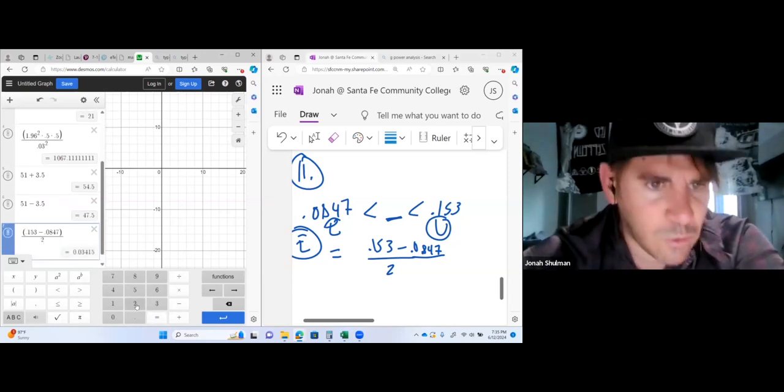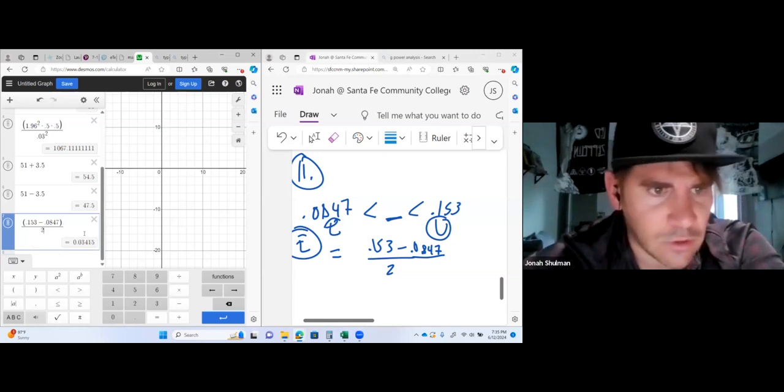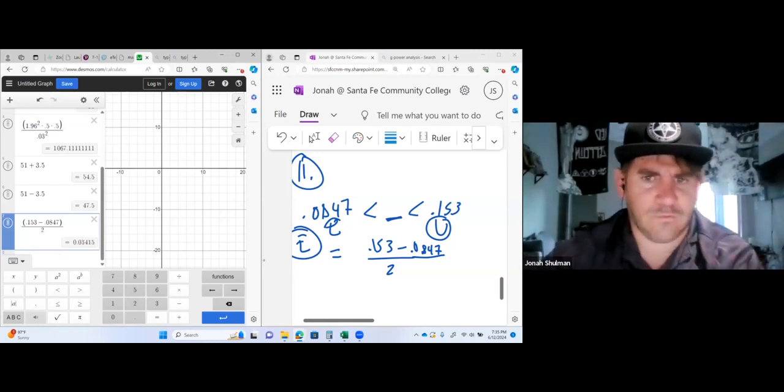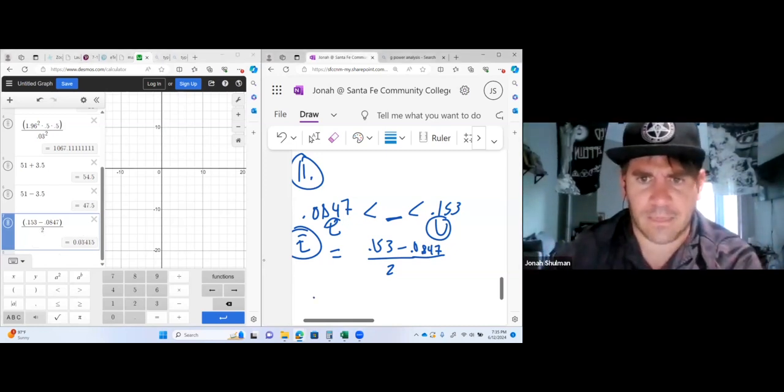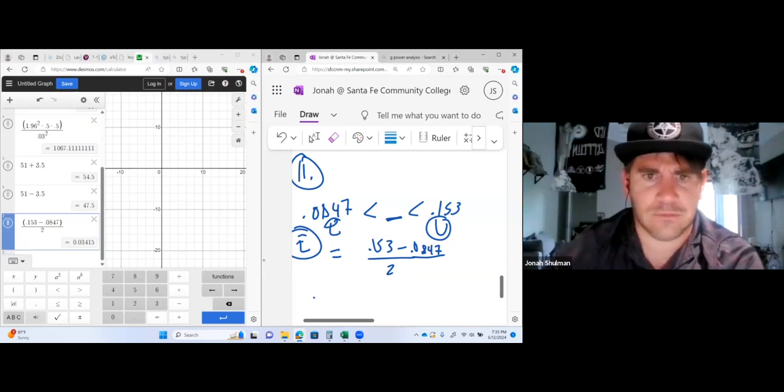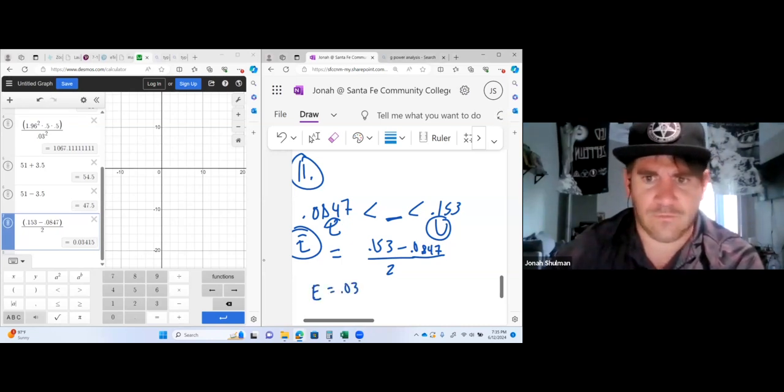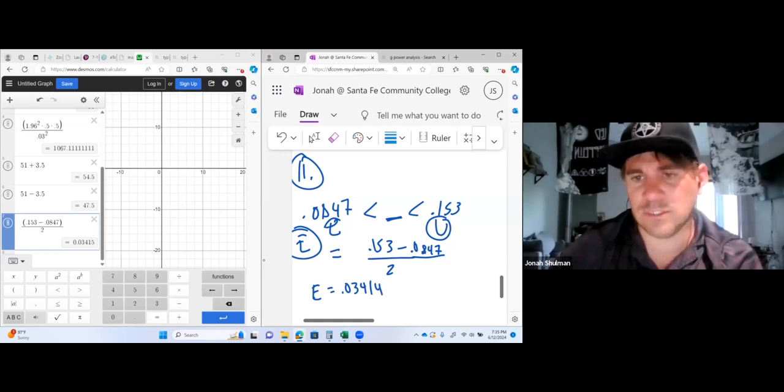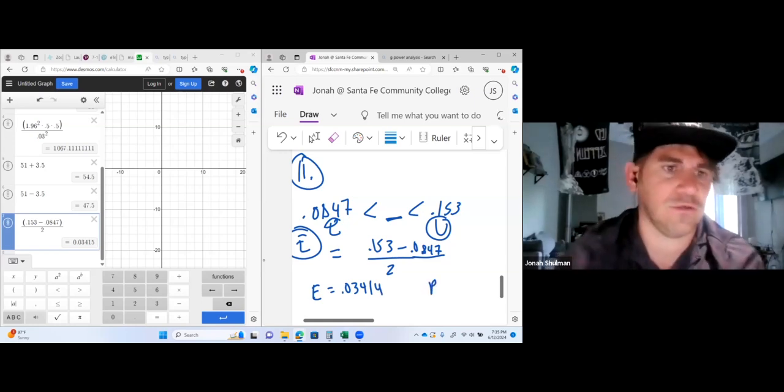So my error is 0.03415. And to get the other one, we just add them together to get this p-value in the middle.